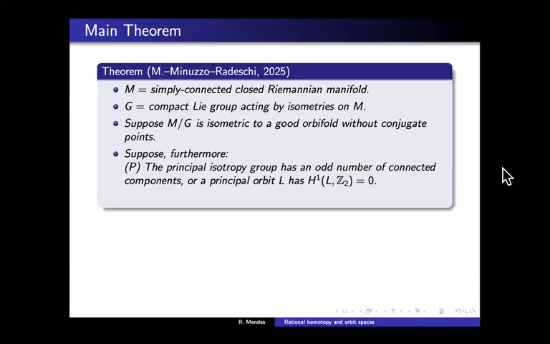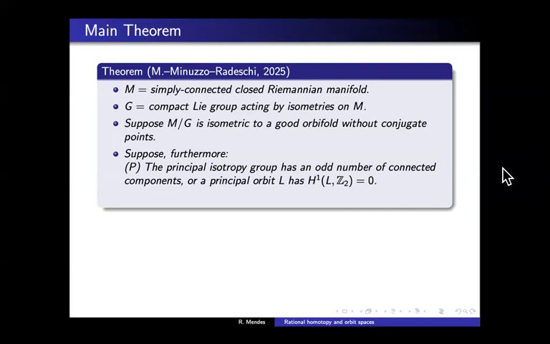So there's a few different versions of this. I'm going to call this property P. There are two different things: either the principal isotropy group has an odd number of connected components, or the principal orbit has first cohomology with Z2 coefficients equal to 0.